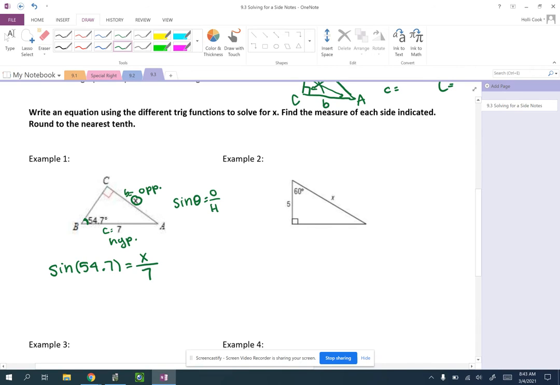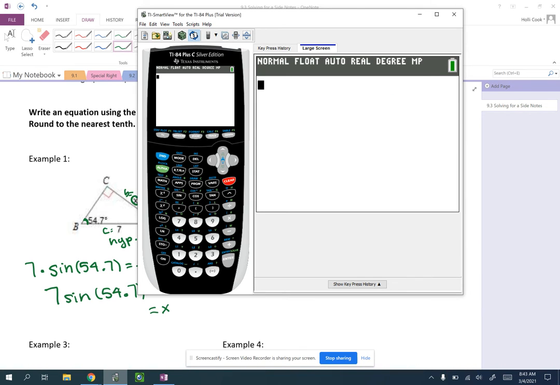Now, if we're solving for x, we want to get x by itself. So I'm going to multiply both sides by 7. So we get 7 sine of 54.7 equaling x.